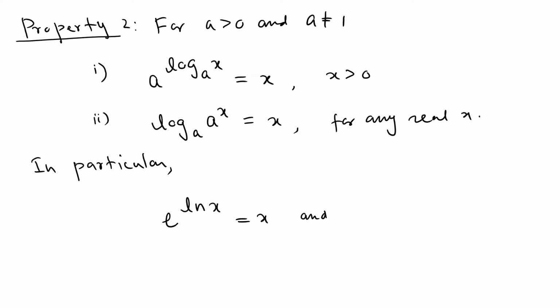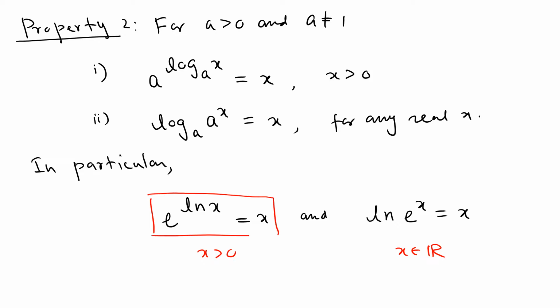And the second one becomes ln(e^x) equals x. The first one is valid for any positive x. The second one is valid for any x in R, or any real x. So again, these are two results that are very useful in solving certain problems: e^(ln x) equals x and ln(e^x) equals x.